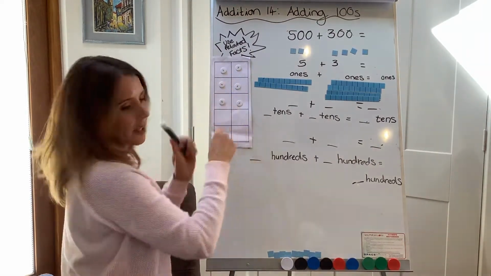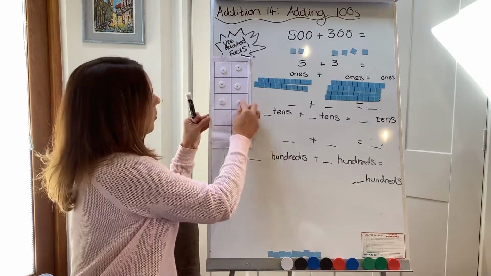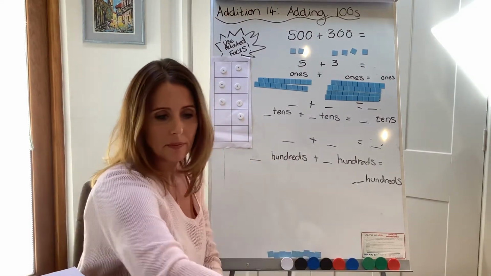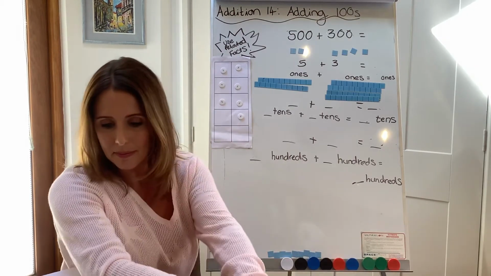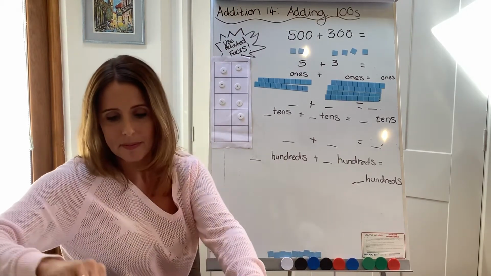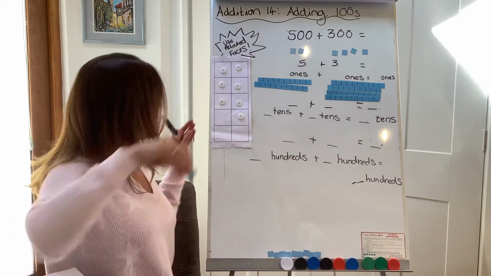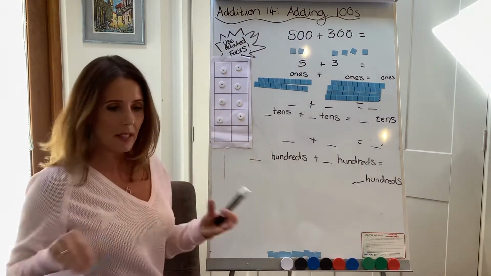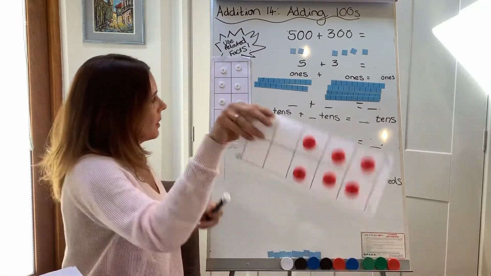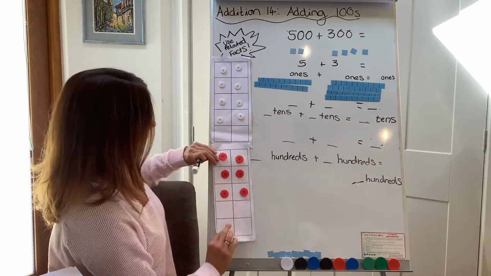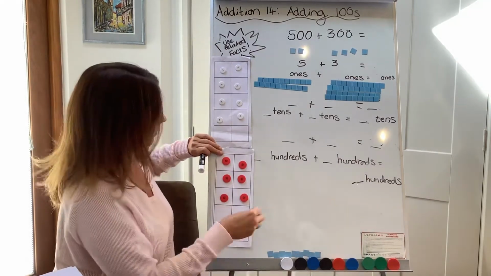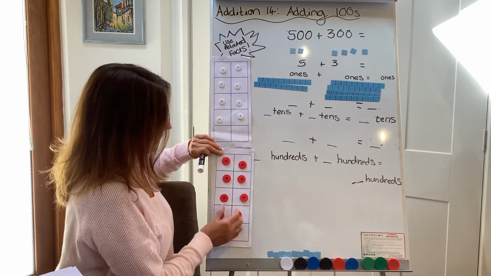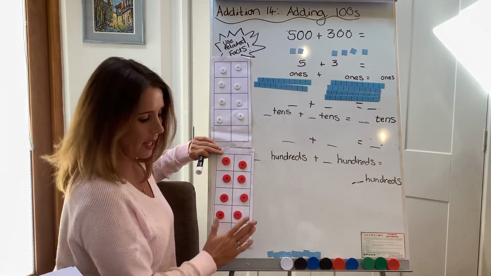So you can use 5 and then you can add on 1, 2, and 3. And you can use that to help you to think what you're going to do if you've got 5 tens, 1, 2, 3, 4, 5, and 3 tens.